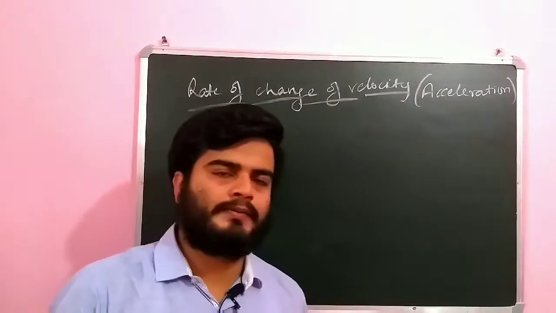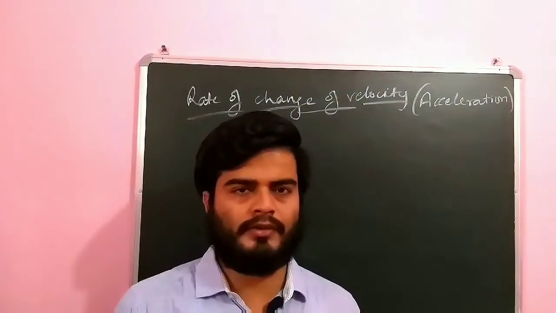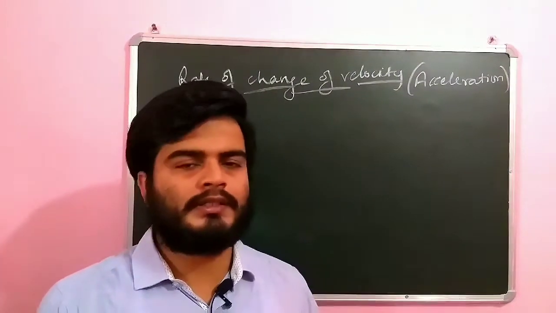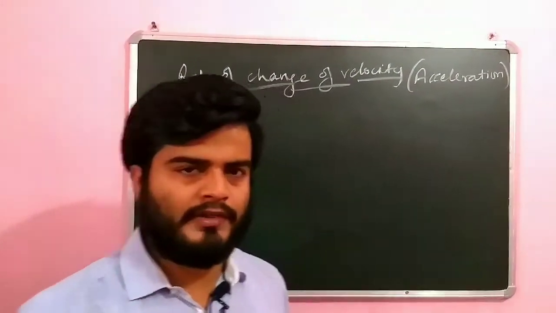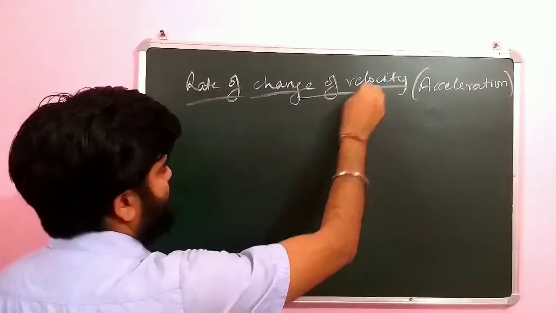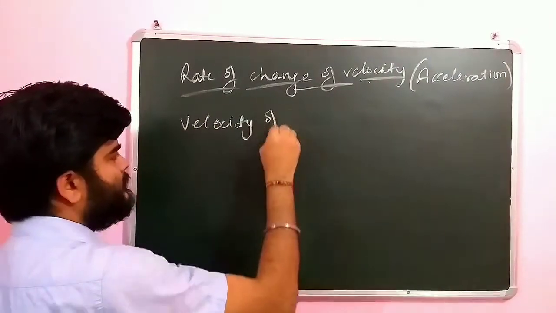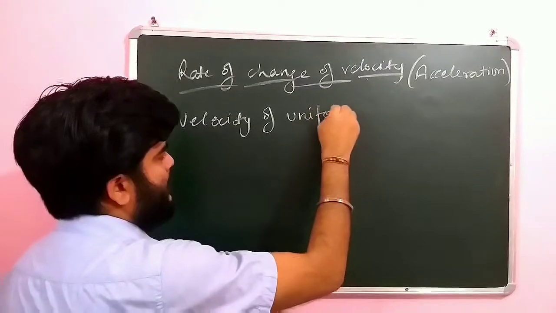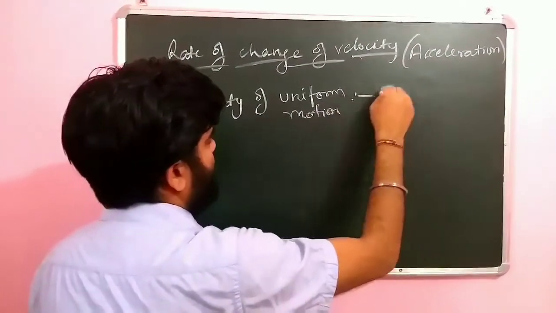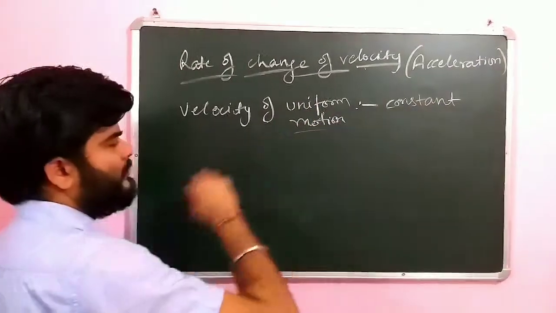If I ask you whether the velocity of uniform motion will change or not, it will not change, because it is covering equal distance in equal intervals of time, as we discussed yesterday. It means the velocity of uniform motion will always be constant.